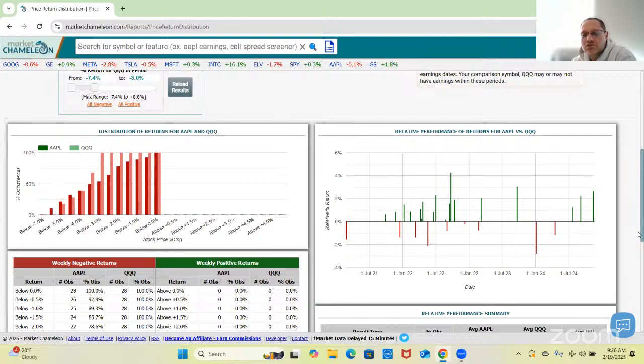Okay, so on these extreme moves to the downside in QQQ, it seems like Apple, not every time, but over time tended to outperform the NASDAQ on these down moves.